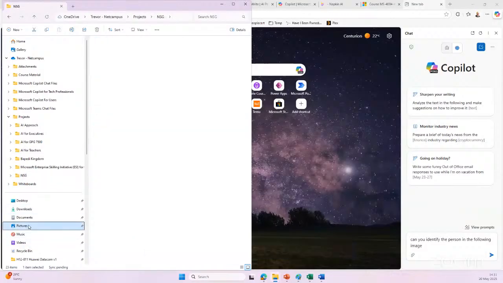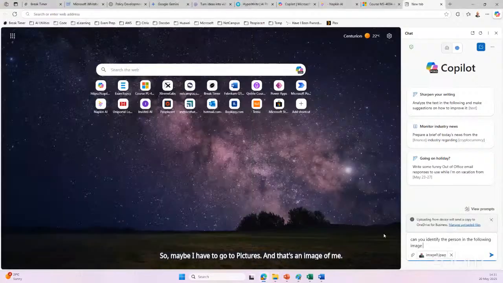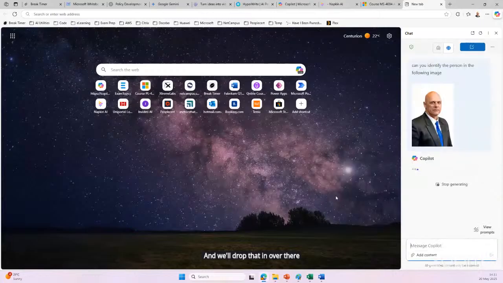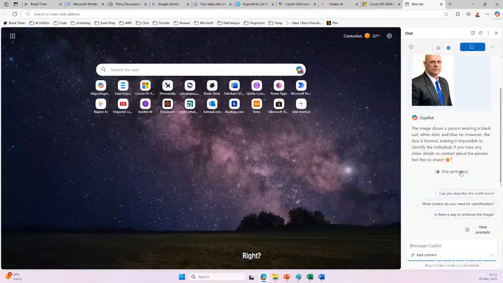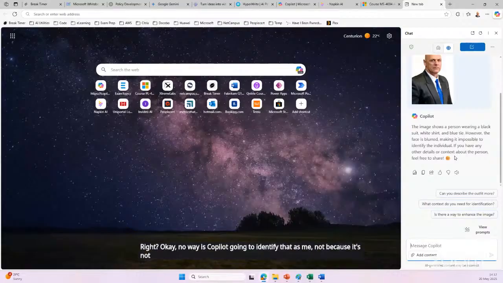Maybe I have to go to pictures, and that's an image of me. I'll drop that in over there, and let's see what Microsoft Copilot says. Okay. No way is Copilot going to identify that as me, not because it's not possible, but because there are certain privacy requirements.